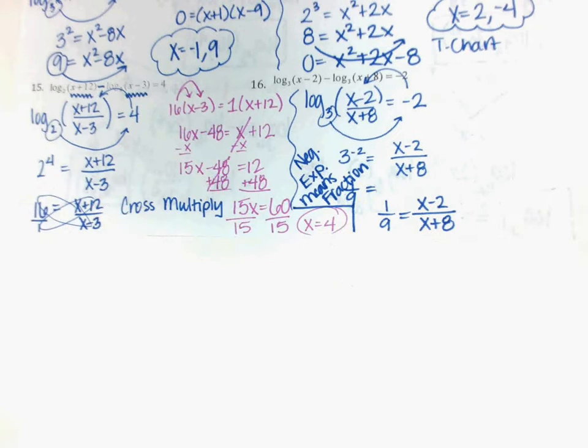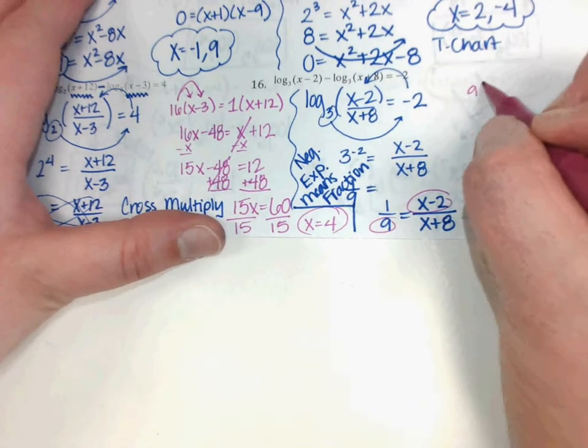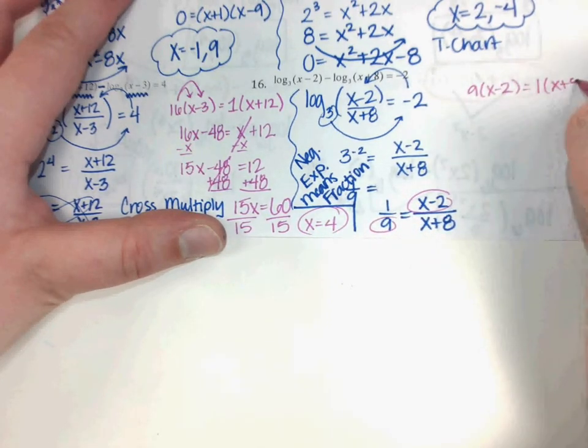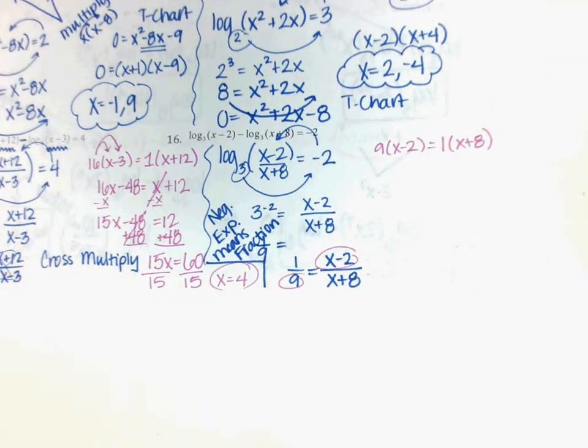Well, then what do I do in that case? Just like last time. Cross multiply. So I'll have 9 times x minus 2 from this diagonal. And then I'll have 1 times x plus 8 in the other diagonal. Now, if you can do this first step in your head, that's totally fine. What's 9 times x?